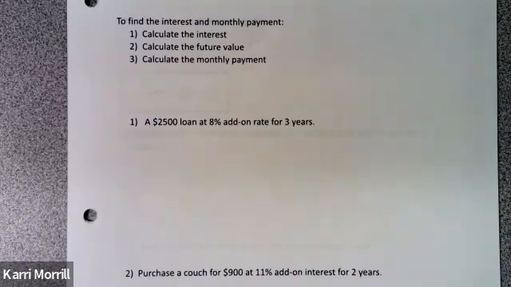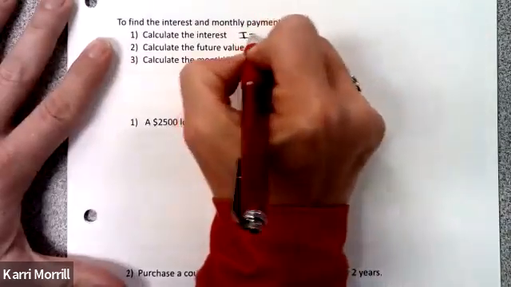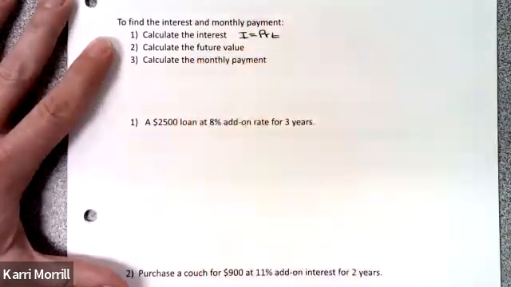So the first thing you would need to do is sometimes calculate the interest. Every problem might be given to you a little bit differently, but as a starting point, we're going to calculate the interest by using your simple interest formula. We're going to have to know the future value.